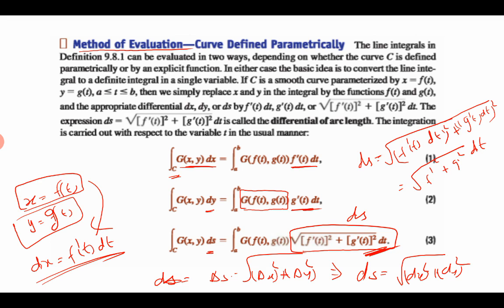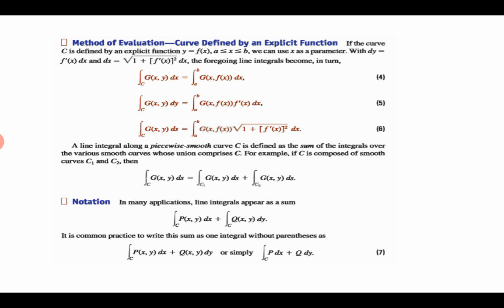So only these three formulas are necessary for evaluating a function of two variables, and the same can be extended to three variables. This is the formula we use for an explicit function: when y is given as y equals f of x in explicit form, we use these three formulas. dx will be dx, and dy will be f dash of x into dx, where y is a function of x.